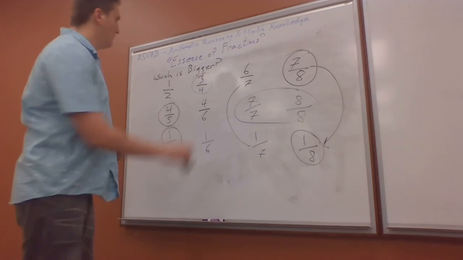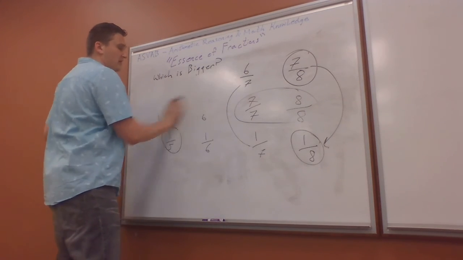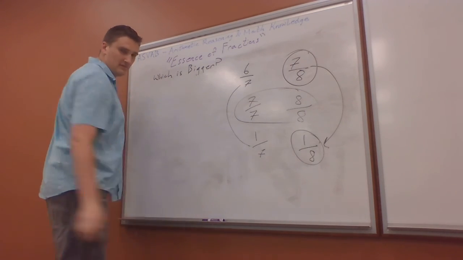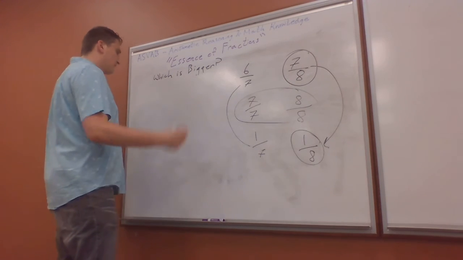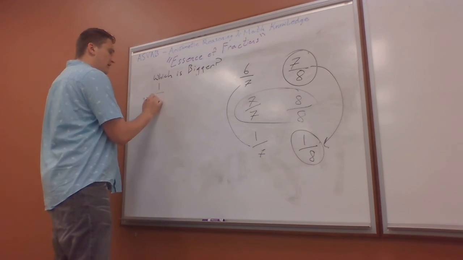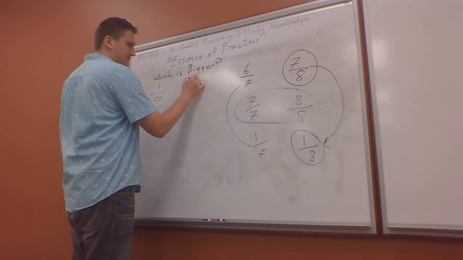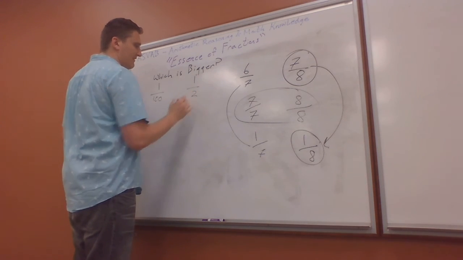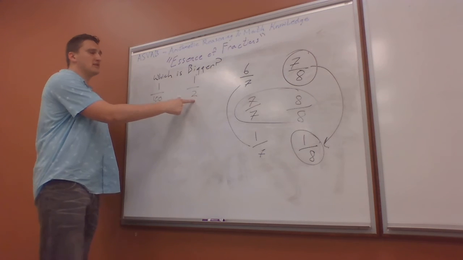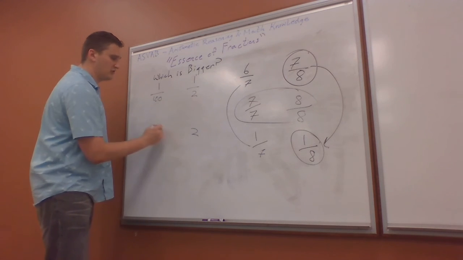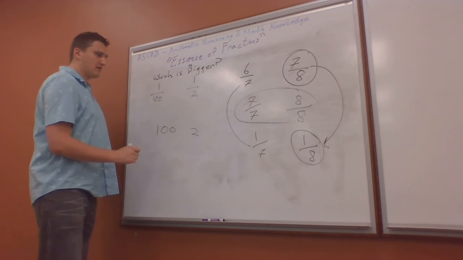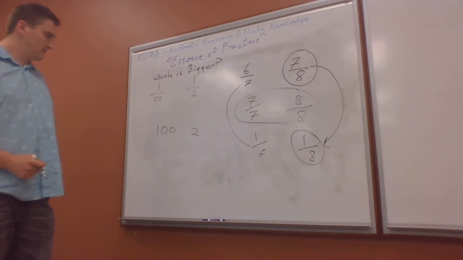Well, let's look at an extreme example here. Let's compare 1/100th versus a half. If I were to compare just the number 2 versus 100, clearly 100 is bigger than 2.